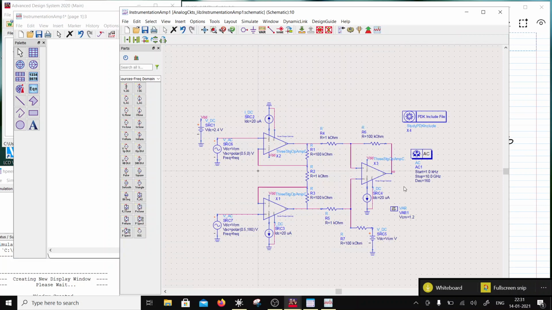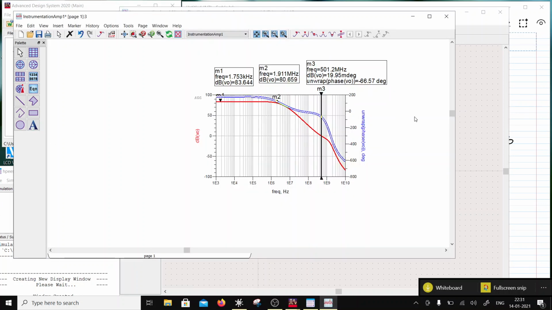And this is a 2-stage. You will roll 180 on this and you will roll on this. So really you cannot even say on the margins. So we cannot talk about margins because we are not going to use it in a feedback.